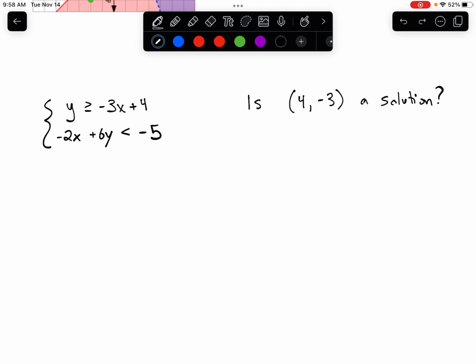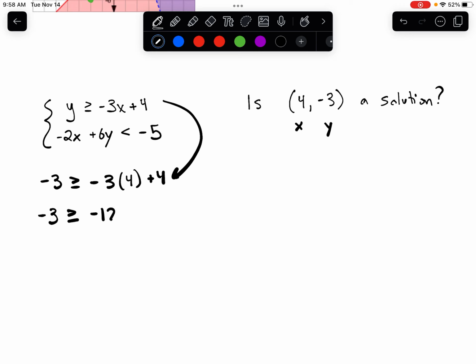Well, if I plug in a 4 for x and a negative 3 for y, that would give me negative 3 is greater than or equal to negative 3 times 4 plus 4. This is the top inequality here. And so we get negative 3 is greater than or equal to negative 12 plus 4, which comes out to be negative 3 greater than or equal to negative 8. And that is a true statement, so that's good.